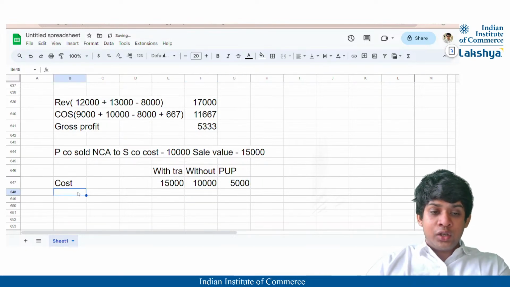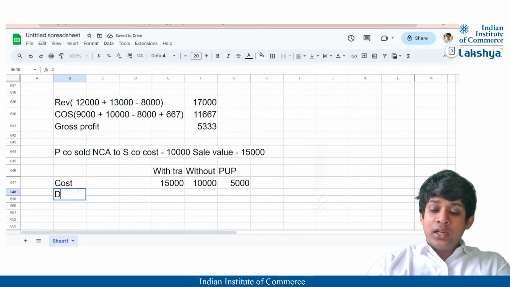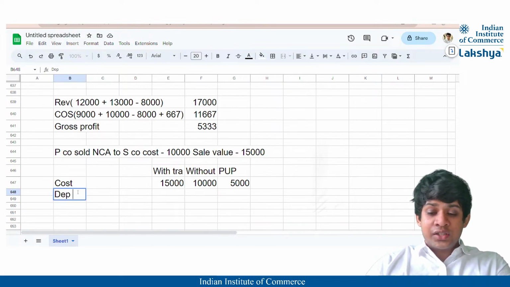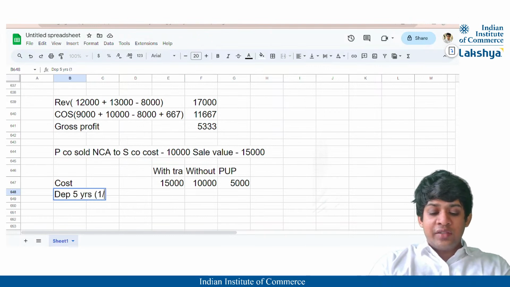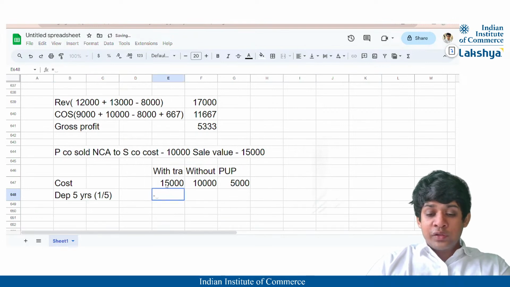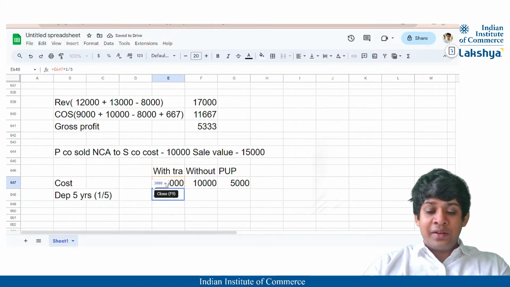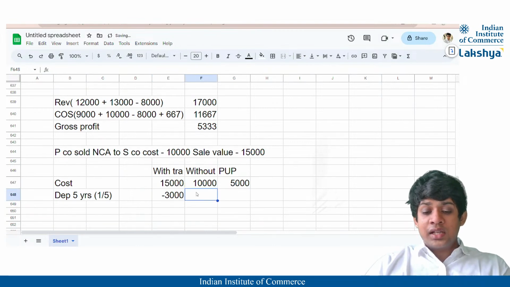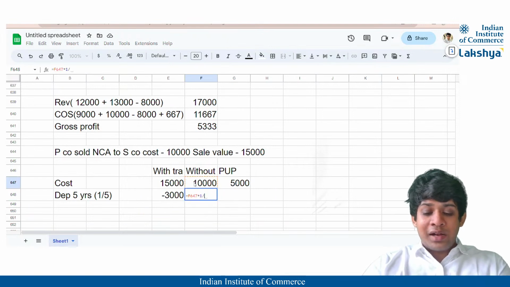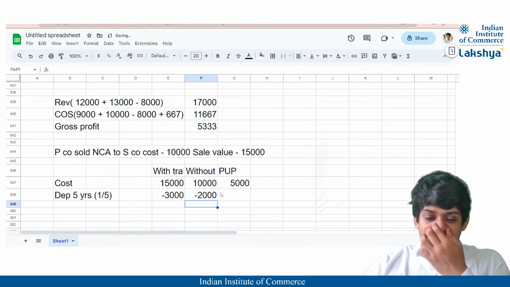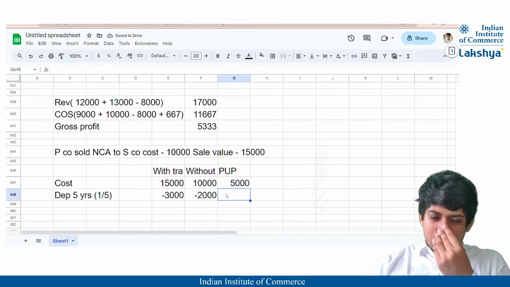I think you all are getting a bit used to this, hopefully. Then, obviously, your depreciation that is charged, maybe a useful life of 5 years is there, so you will take 1 divided by 5 as the depreciation. 15,000 into 1 divided by 5 is my depreciation, that is 3,000. Also here, 10,000 into 1 divided by 5 is going to be 2,000.